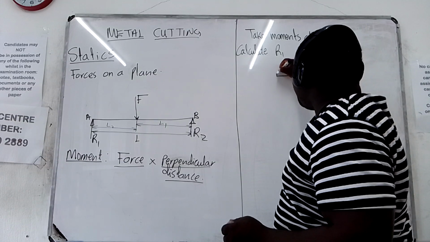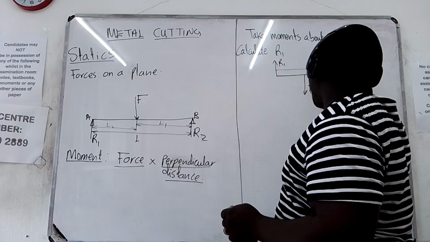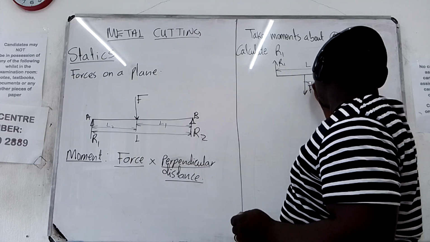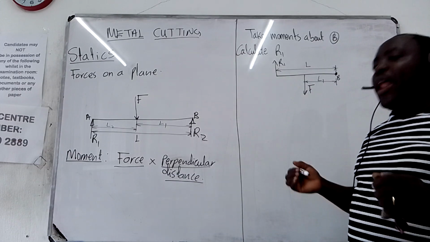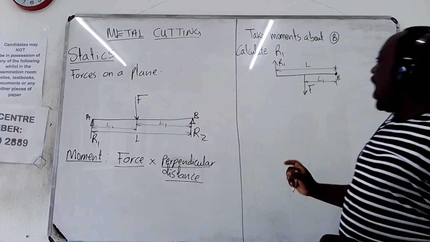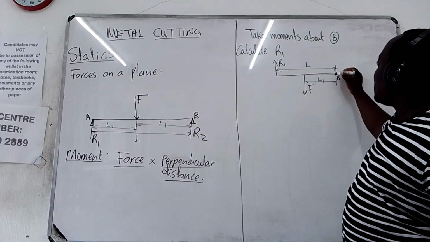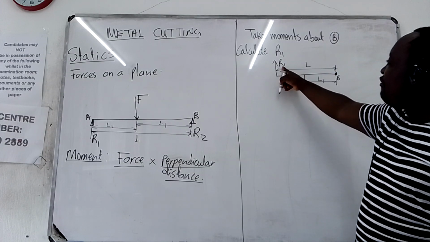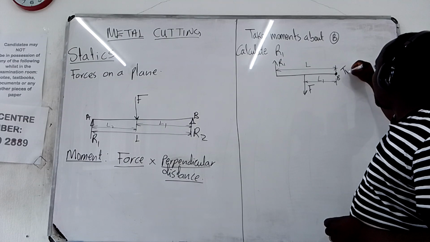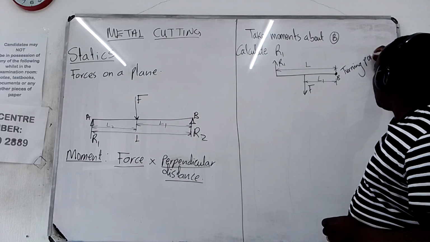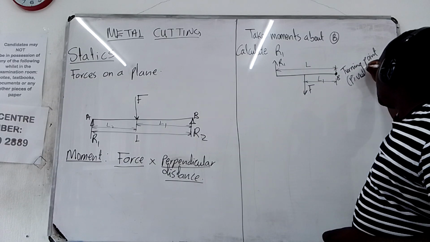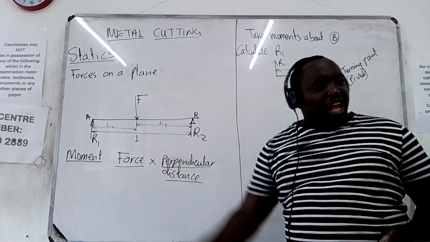Then the force applied, the reaction R1, the distance from B is L, and this distance is L1. Whenever you have a scenario like this, reduce it to a simplified drawing. Because I'm solving R1, I've made B a neutral point. Neutral point means this is the turning point, or you call it the pivot. That's where it is supported, then you have the rotation taking place.